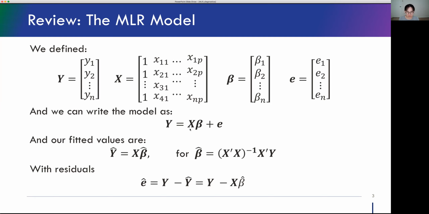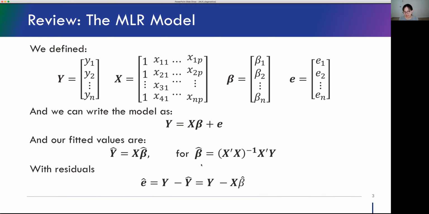Okay, so we have our model y equals X times beta plus our error term. The error term is correct. We have n corresponding errors for each of the data points we have. We would have our fitted value with our estimated beta hat.